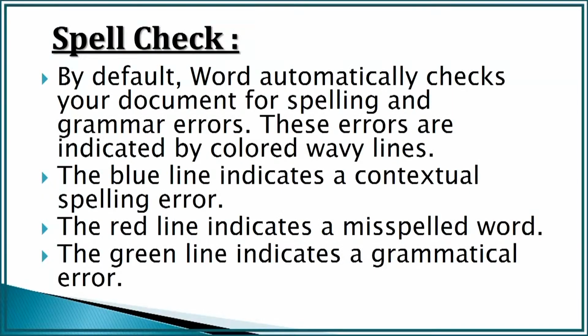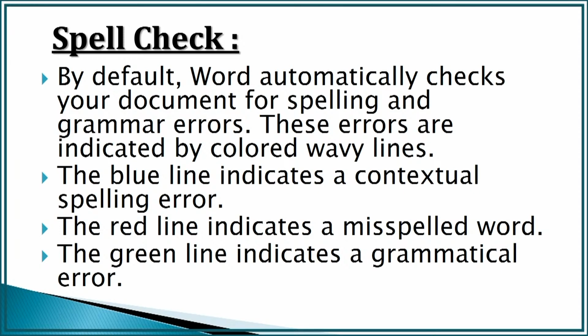MS Word also offers a very good spell check facility. Whenever we write text, we can see a blue, red or green line in our document while we are typing. In the backend, the system runs an application to check spelling and grammar mistakes in our document. By default, it automatically checks spelling and grammar errors, and different colored lines indicate different things.